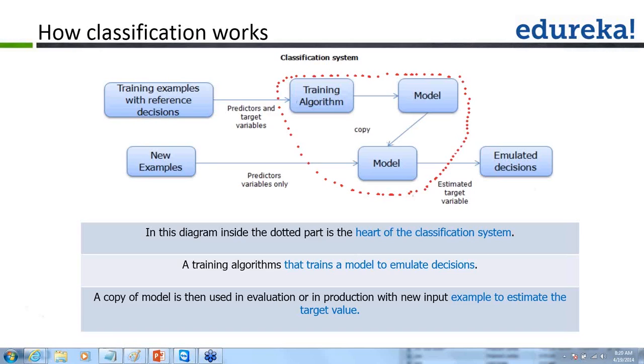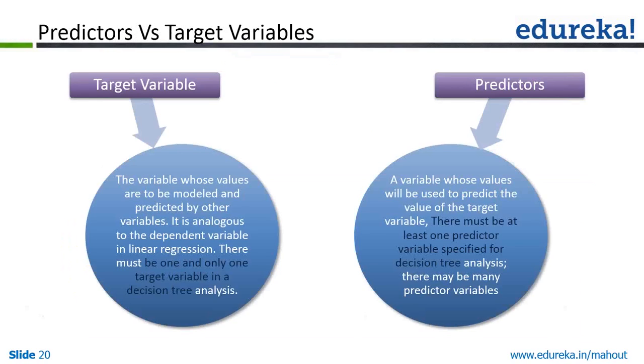The selection of training data and the algorithm through which the system will learn, and the variables used as input, are key for this particular choice. So this is about the training data and the variables we choose as predictors. Now let's see predictors versus target variable.